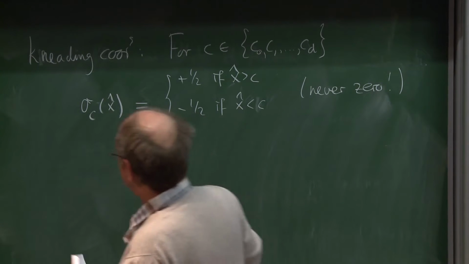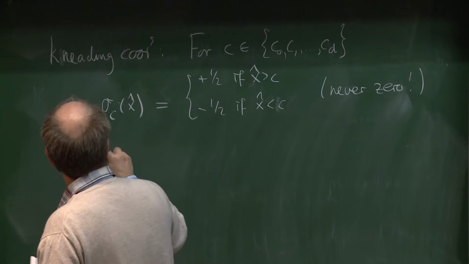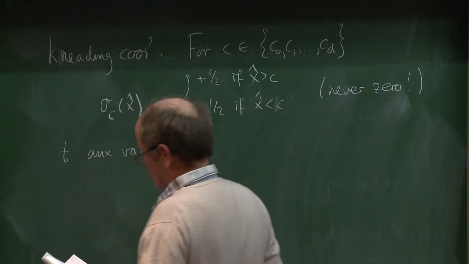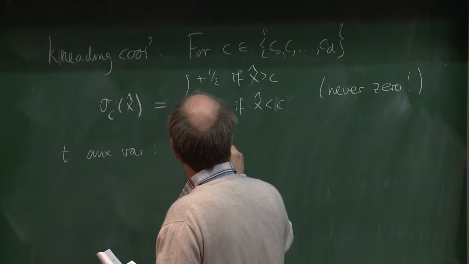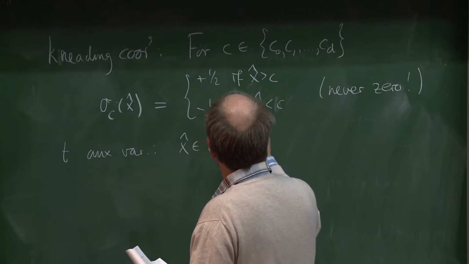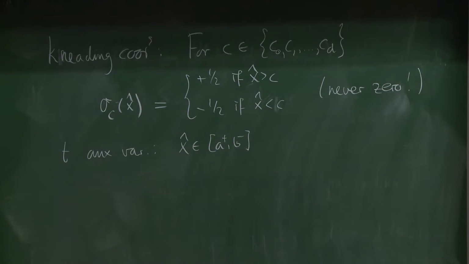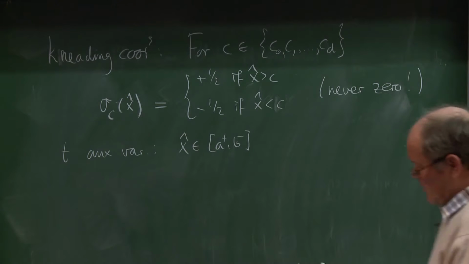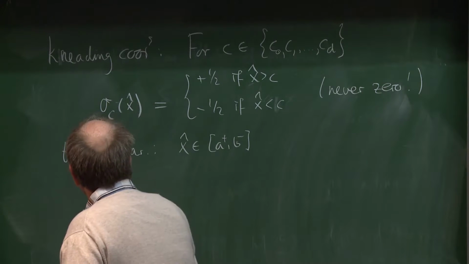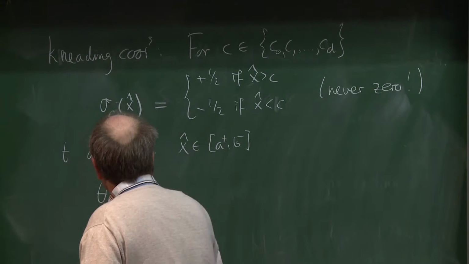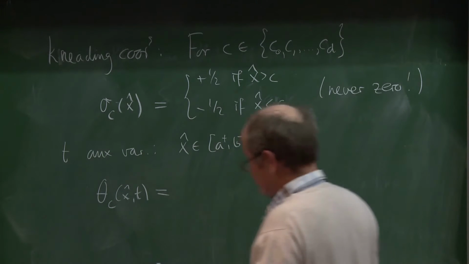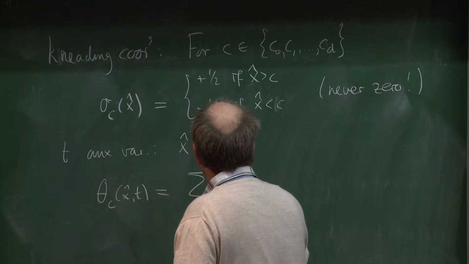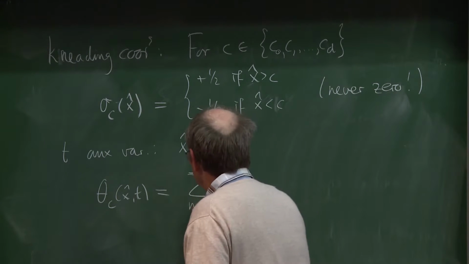Now, when t is an auxiliary variable, then for any initial point you construct the kneading coordinate, which gives rise to a kneading invariant of Milnor-Thurston. Now, it's not quite that formulation, but it's equivalent, which is that you look at a generating function.